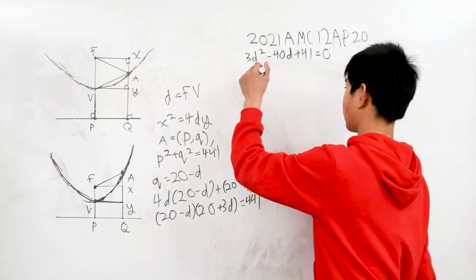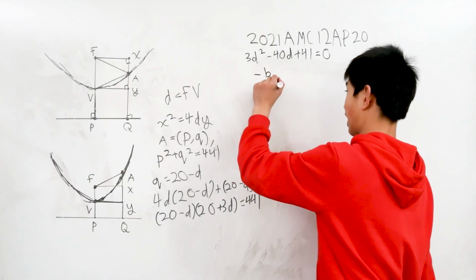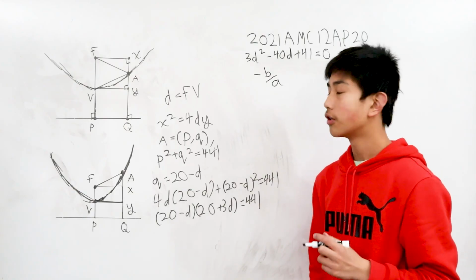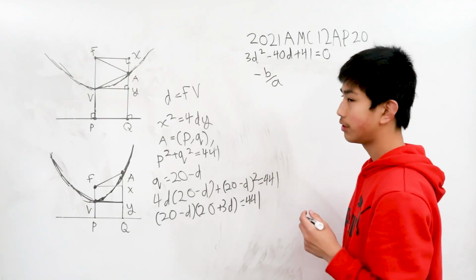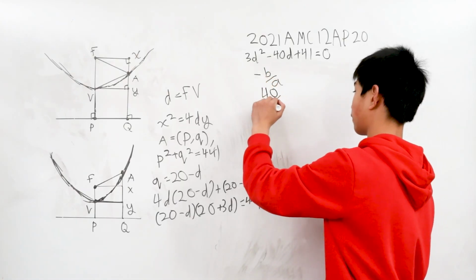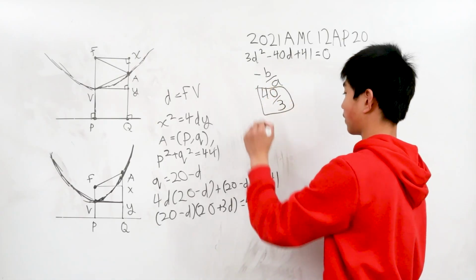That's negative b over a, which is one of Vieta's formulas, which in this case is 40 over 3. So that's our answer for this problem.